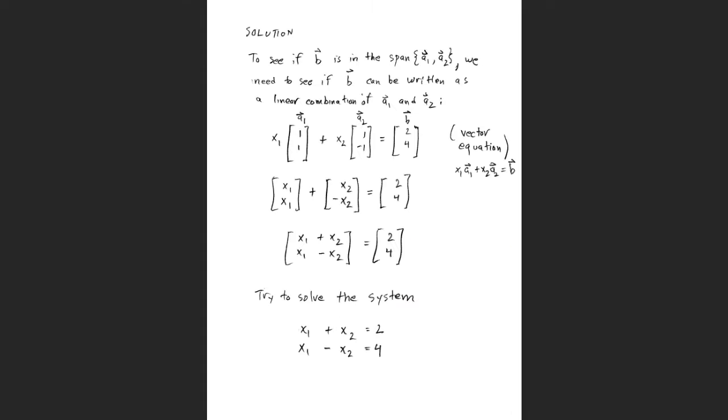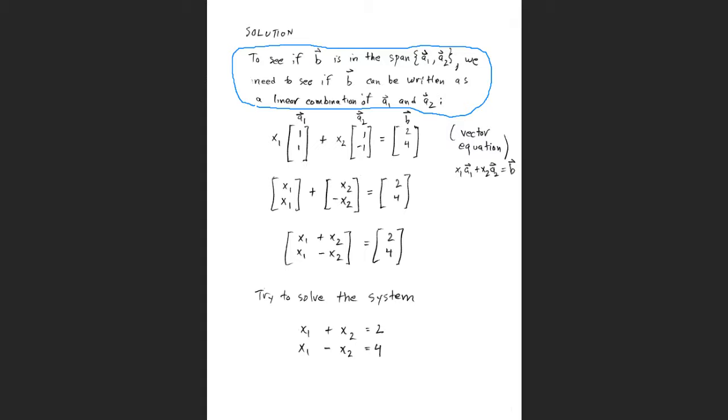First of all, we need to have criteria here. To see if a vector B is in the span of a collection of vectors A1 and A2, we need to see if the vector B can be written as a linear combination of A1 and A2.